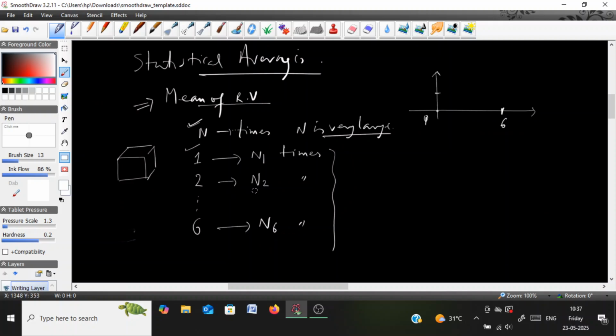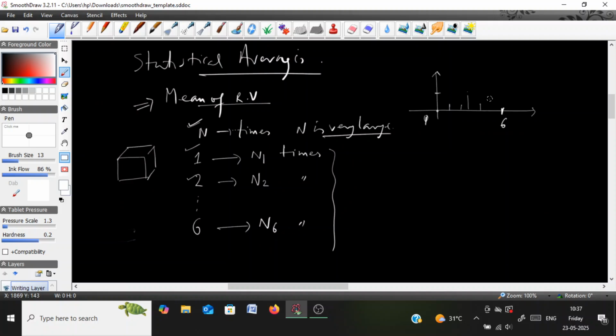Okay, similarly, if the number 2 appears n2 times and we have total N tries, then n2 by N will be the probability of occurrence of number 2, and so on.